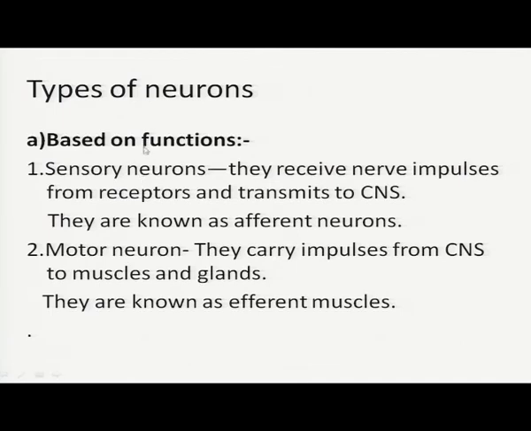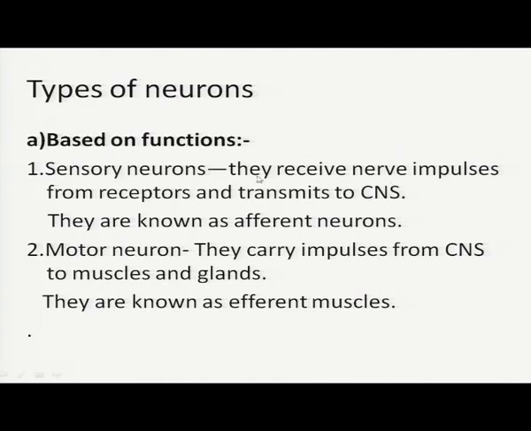Now, coming to the types of neurons. Based on their functions, we can divide the neurons into different types. First one, sensory neurons. They receive nerve impulses from receptors and transmit them to the central nervous system.